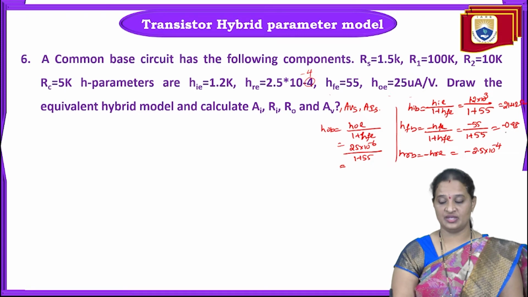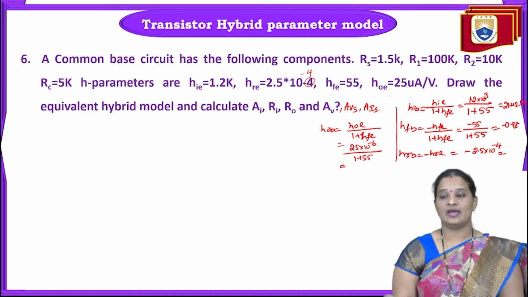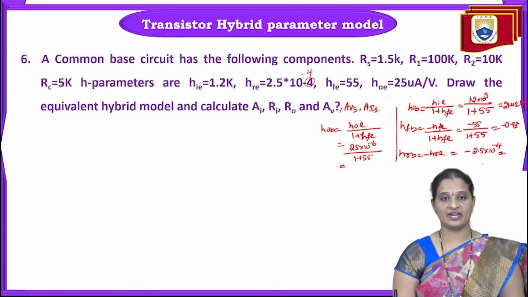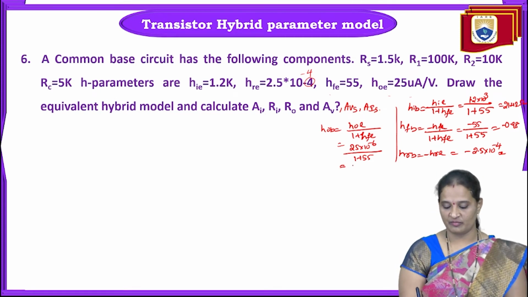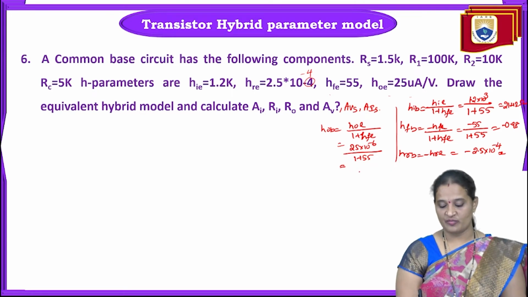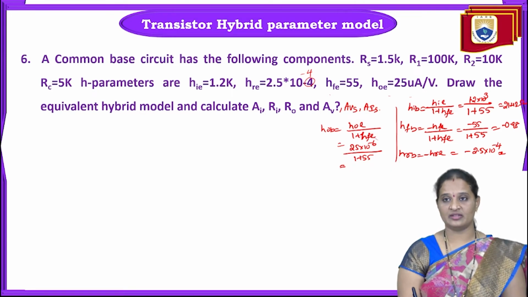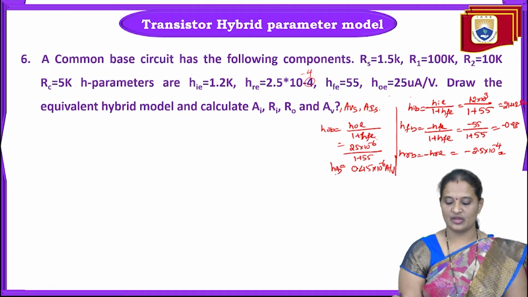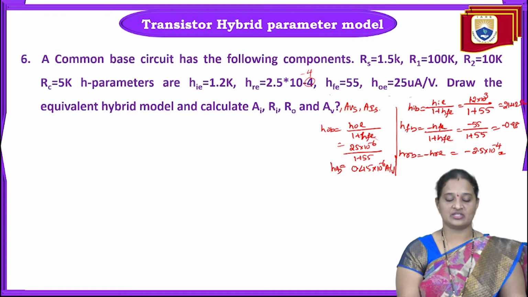HRB value we have already calculated, minus 2.5 into 10 to the power of minus 4. And the HOB value after evaluating is 0.45 into 10 to the power of minus 6 amperes per volt, because it is admittance. The unit for admittance is amperes per volt.